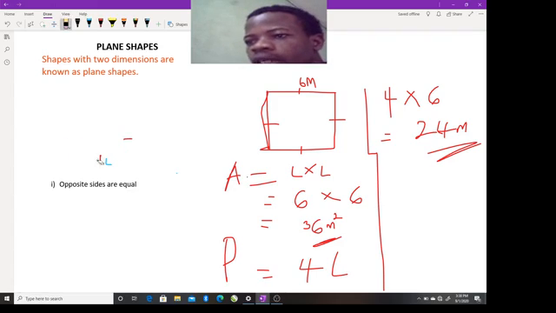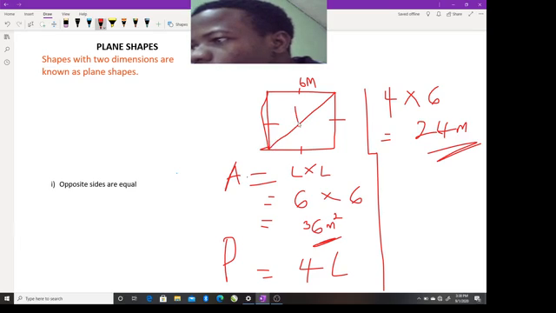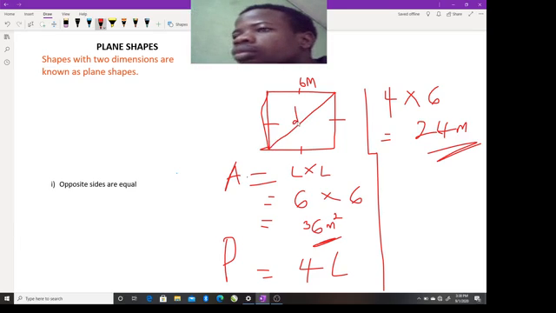If I have a rectangle, oh, I did not show something in my square. Look at the diagonal. It has the diagonal, and here is the diagonal. Another diagonal can come this way. It will bisect into two equal halves.